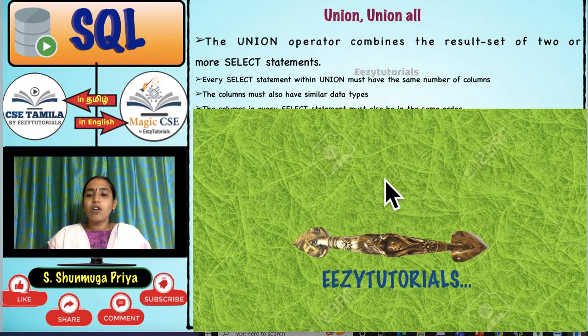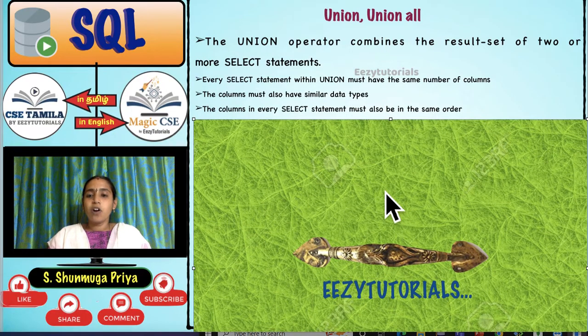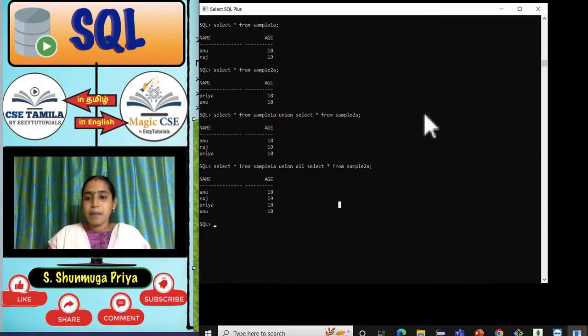If you want to use union and union all, you have to satisfy three conditions. You are using union and union all across two tables, right? Both tables should have the same number of columns, their data types should be similar, and their order should be the same. Here I have two columns, and here also two columns.